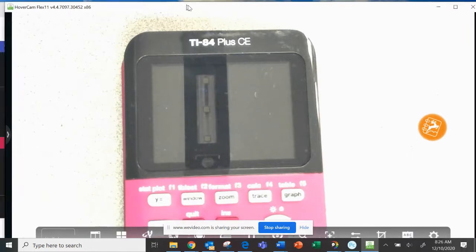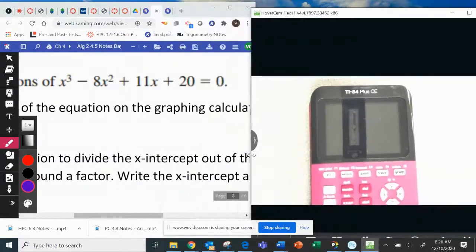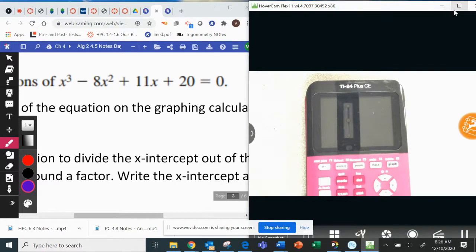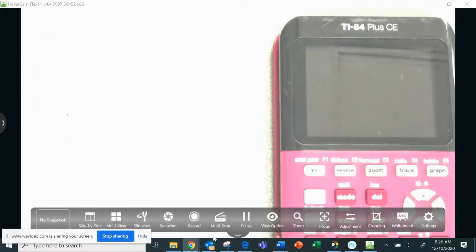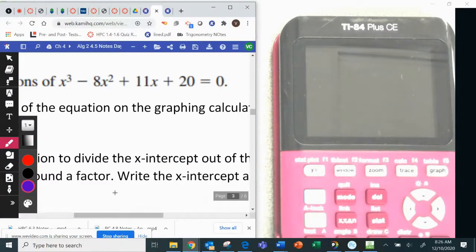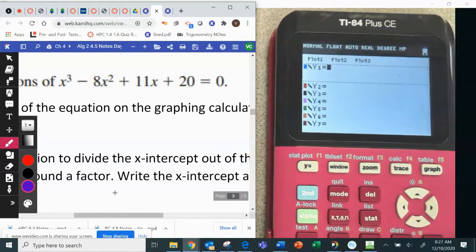Why is this not? Oh, that could move. I didn't know that could move. All right, now let me see if we can fix that color. All right, here we go. Perfect half screen.